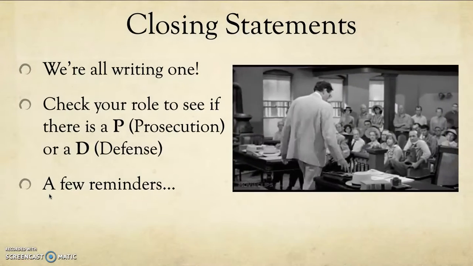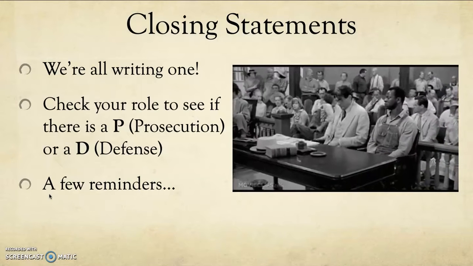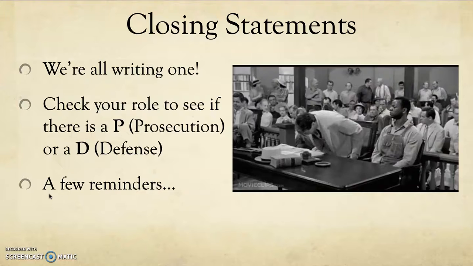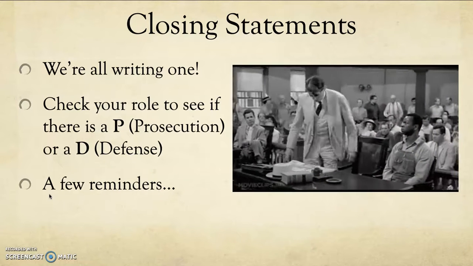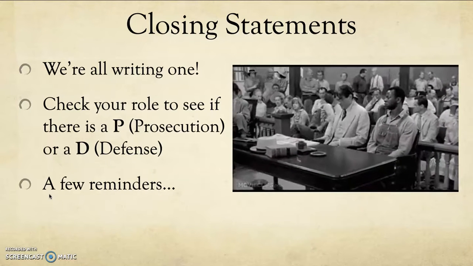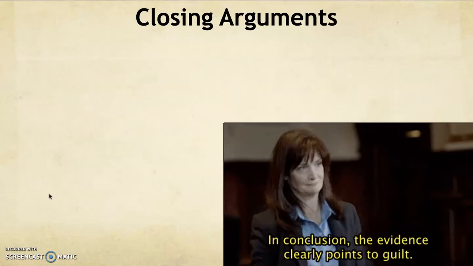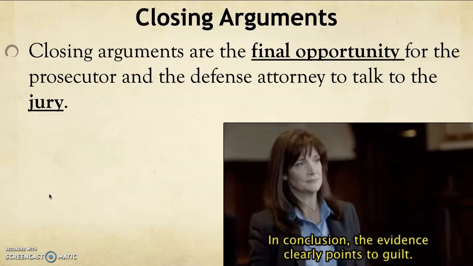Now, today we are all writing a closing statement, just like we did with opening statements. So again, you're going to check your role to see if you're part of the prosecution or defense. Most of you should know that by now. And we're going to go over real quick a couple key factors of closing statements. So, for your closing arguments, it's your final chance to talk to the jury.